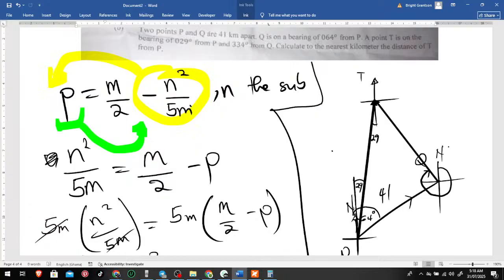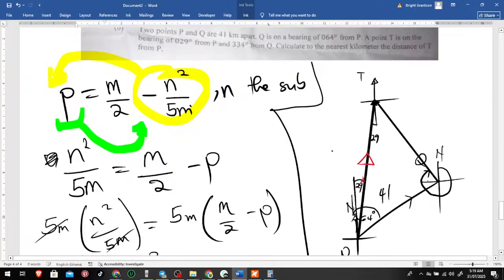Q is on a bearing of 64 degrees from P, so this is Q's bearing. A point T is on a bearing of 29 degrees from P, so T is also coming from P in this direction. If here's 29, this place becomes 29. And it's also 334 degrees from Q, so from here up to here, 334 degrees.